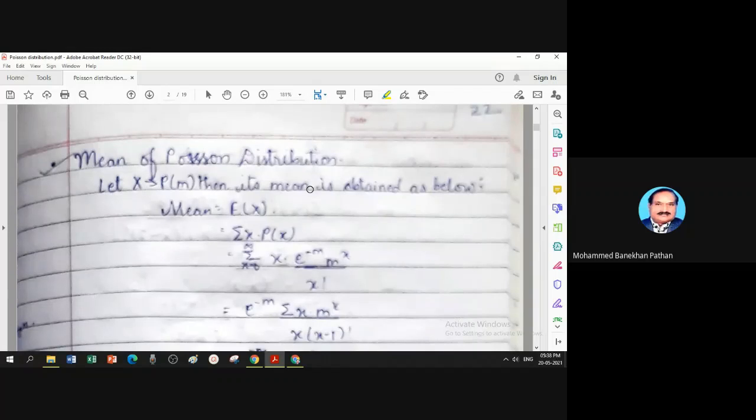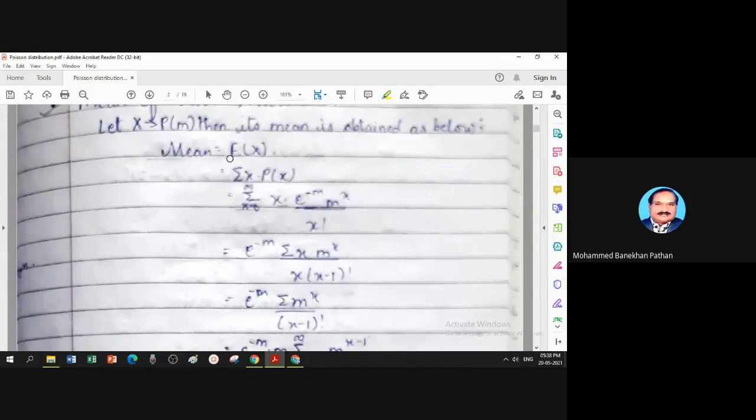Let us see how we do the mathematical calculation. Now you know from semester 1 mathematical expectation, and we repeat this for 4 distributions. The same procedure will be continued here. Let capital X follow Poisson with parameter m, then its mean is obtained as below.